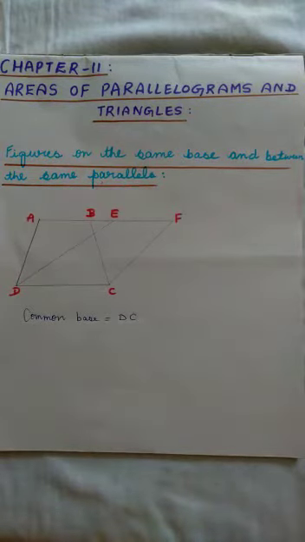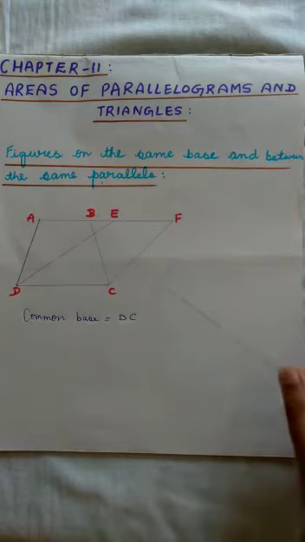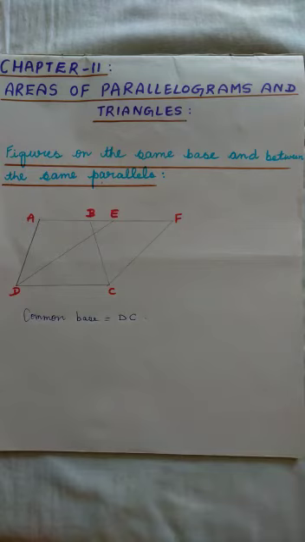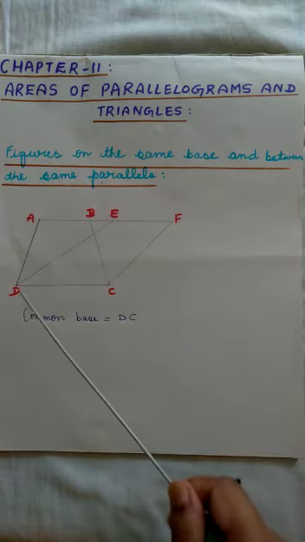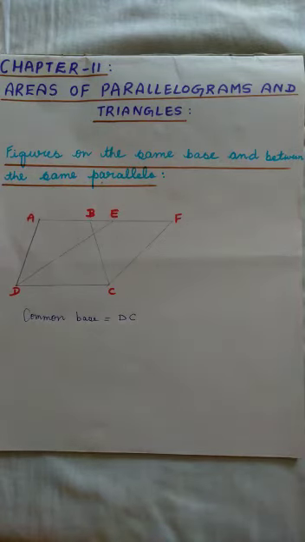The vertices A and B of the trapezium ABCD are opposite to the base DC, and the vertices E and F of the parallelogram EFCD are opposite to the base DC, which lies on a line AF parallel to DC.